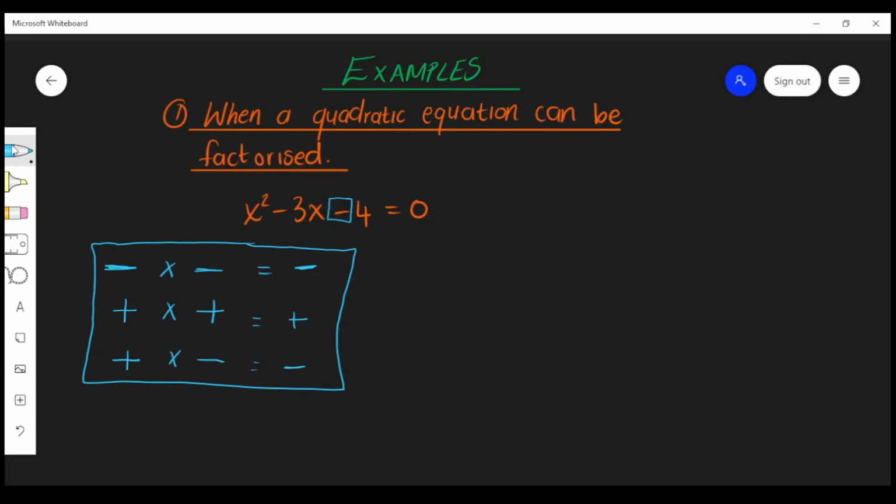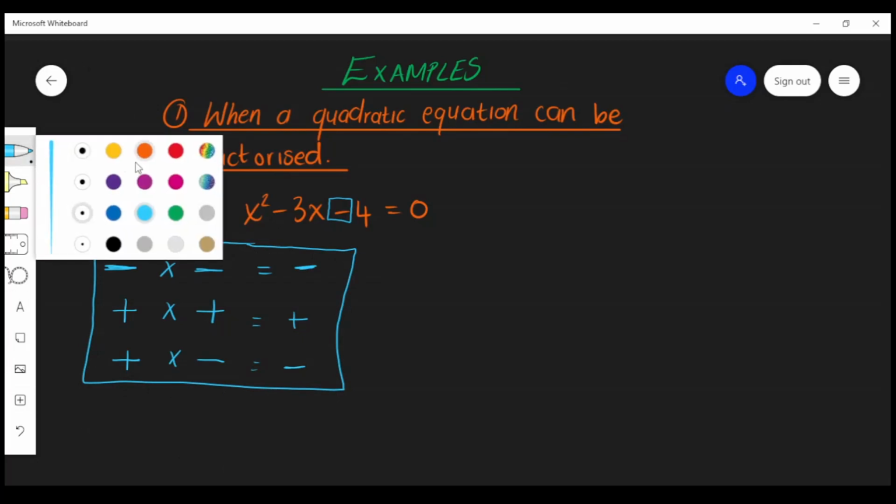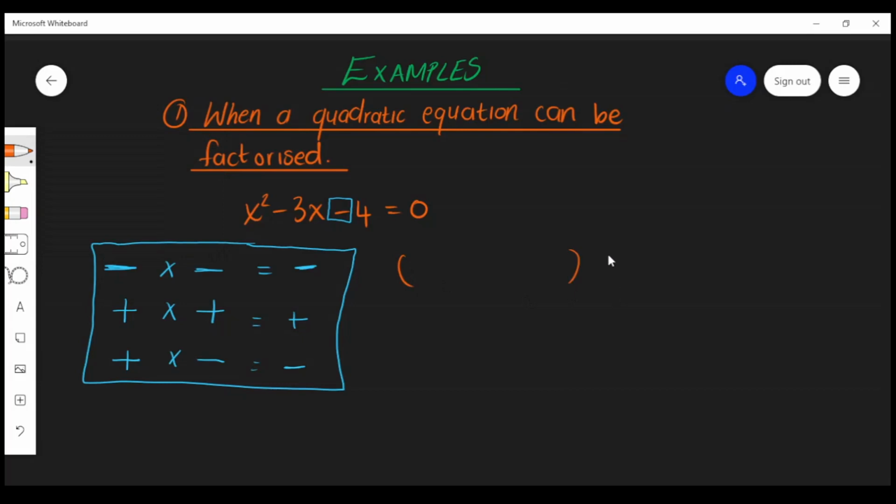So I'm going to put the two brackets, because you're trying to factorize this quadratic equation, equal to 0. We've got x and x there. Then we said that we look at the sign of the constant term, and we found that that sign is a negative.